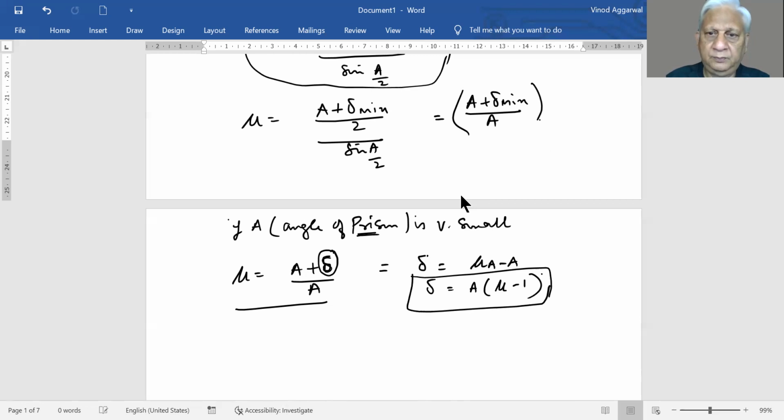This is when A is very small. Then we need not bother whether this delta is minimum or whatever. It need not be minimum value.